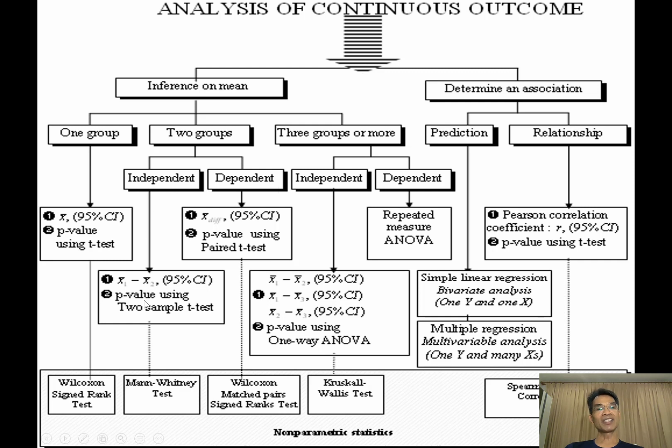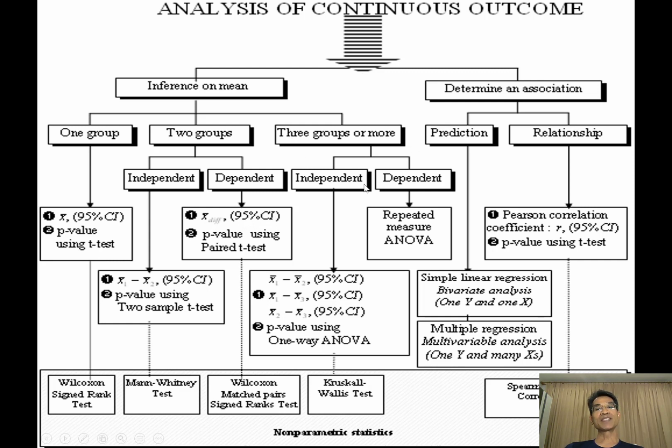If independent, go for the difference between the two means. But if dependent, it is the mean of the difference. For both, there is the quantity and confidence interval, and the test of hypothesis; there are two components for each box.